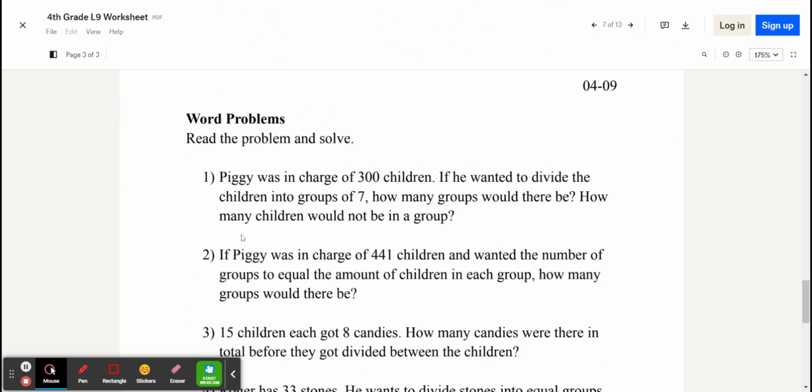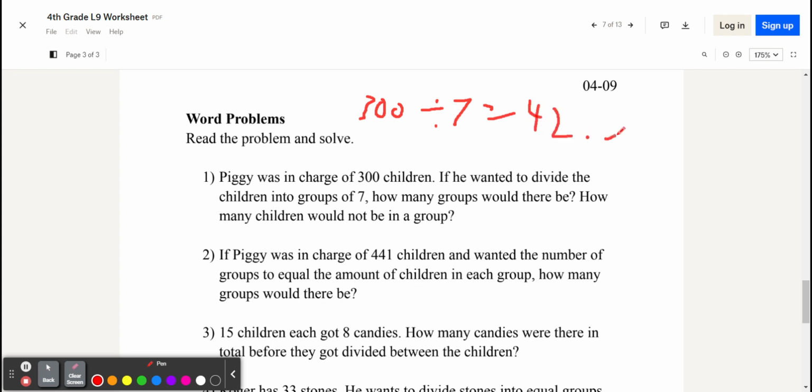And then the word problems. So Piggy was in charge of 300 children. If he wanted to divide the children into groups of 7, how many groups would there be? And how many children would not be in a group? So he has 300 children. If we do 300 divided by 7, we will get 42 and a little bit left over.